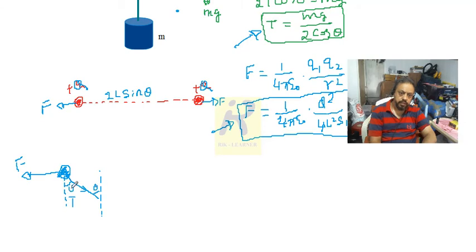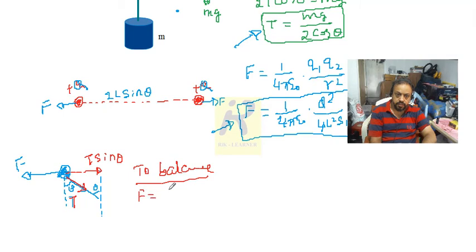Now the component of tension along this line will be T sin theta, acting in this direction. To balance, F equals T sin theta.